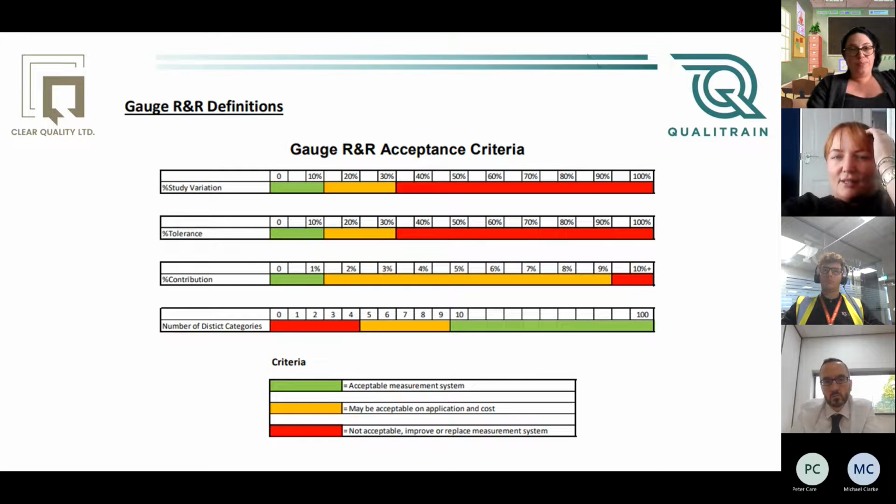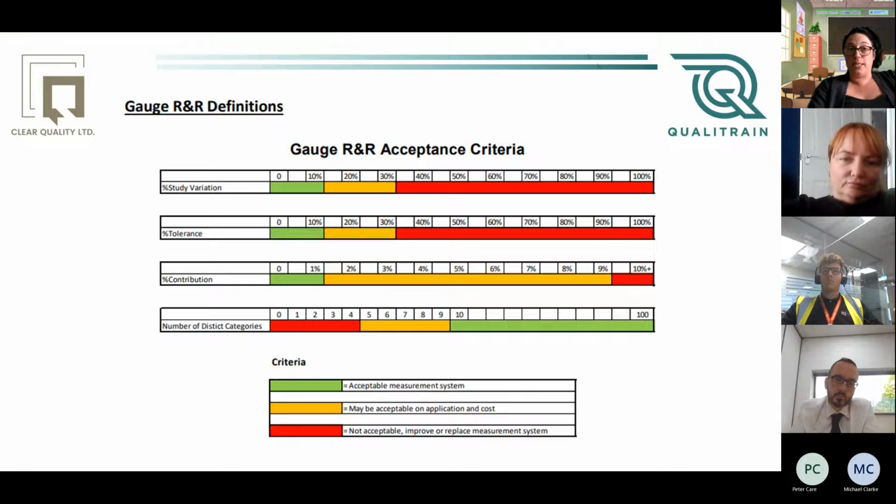So, looking at a gauge R&R. Overall, what we want to look at in a gauge R&R is our tolerance limit, okay? As you can see, this lovely little table shows us what's good and what's bad. An acceptable tolerance limit on a gauge R&R is between 0 and 10%, okay?